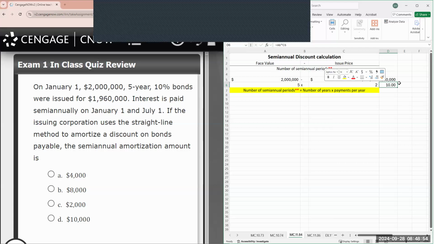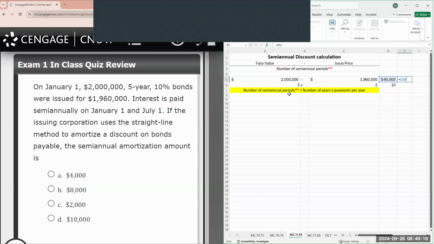So therefore, the total amount of our semi-annual discount calculation is as follows: 40,000, which represents the face value of 2 million minus the issue price of $1,960,000. The difference between the two is 40,000, and that represents the discount, divided by the number of semi-annual periods.